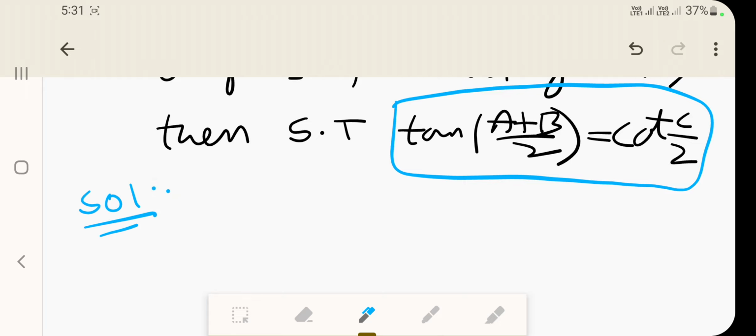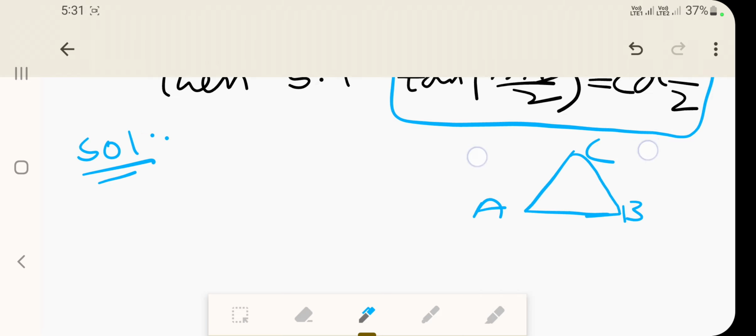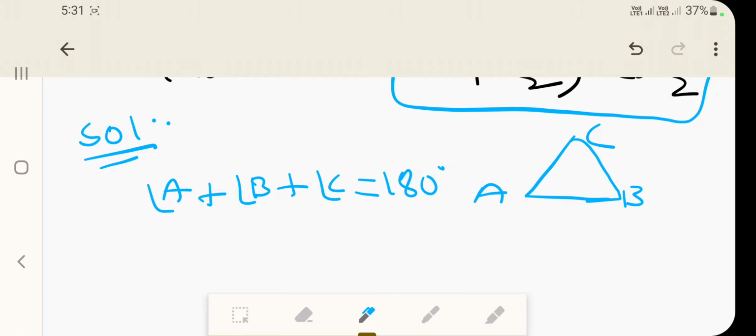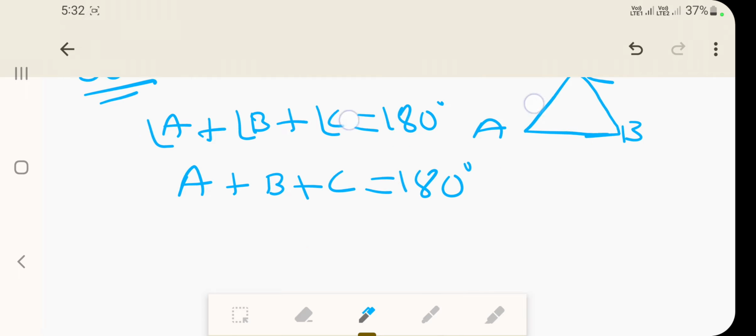So here we can start. If you take a triangle ABC, we know that the sum of the interior angles of a triangle, that is angle A plus angle B plus angle C, is equal to 180 degrees. This simply we can write as A plus B plus C is equal to 180 degrees.